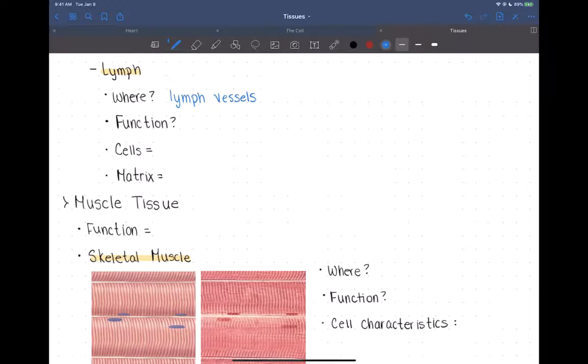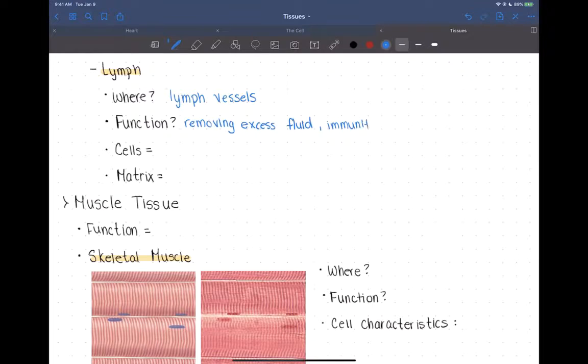It's carried by lymph vessels, and it functions in removing, as I said, excess fluid. Also, especially with other lymph organs that help to filter this lymph, it's really important for immunity.